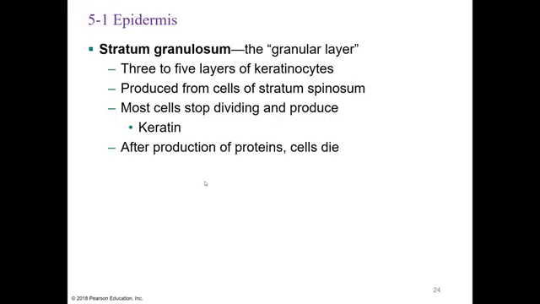As we move closer to the top of the skin, we're going to see that the very top layer of skin is made of dead cells. And this is good because this top layer of skin is our protection layer, and what a great protectant than something that's dead, because you can't hurt it. As we get closer to the top, we're going to see that the cells are not alive.